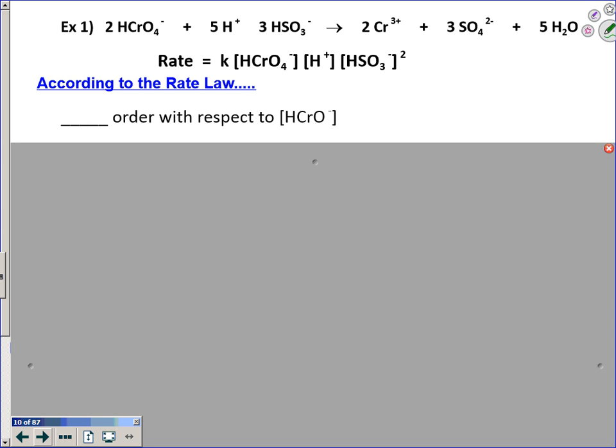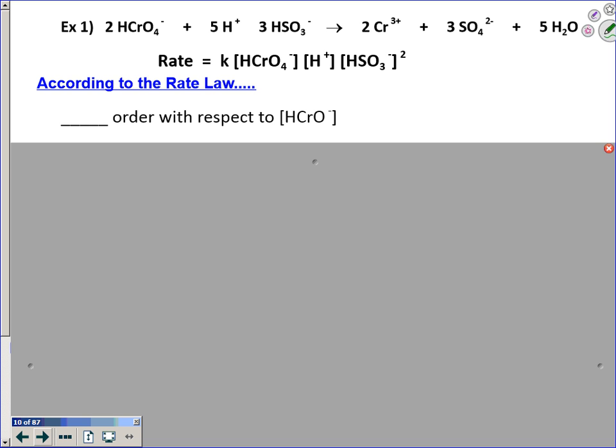All right, so is this example in your paper? Yes. All right, so looking at this rate law right here, you'll notice there's some exponents.